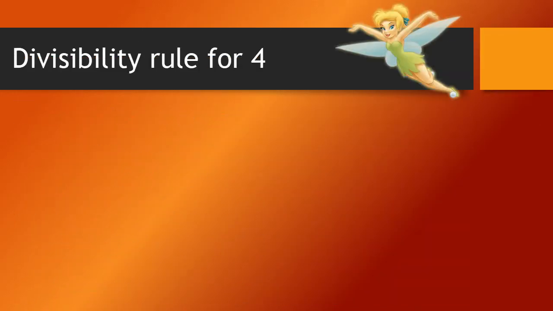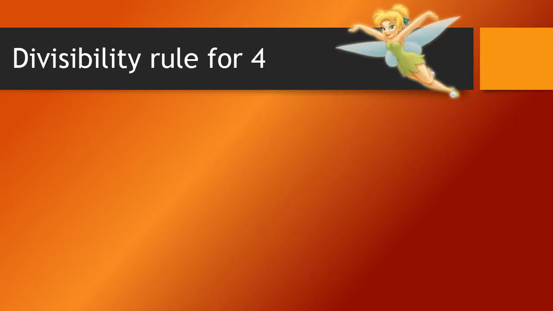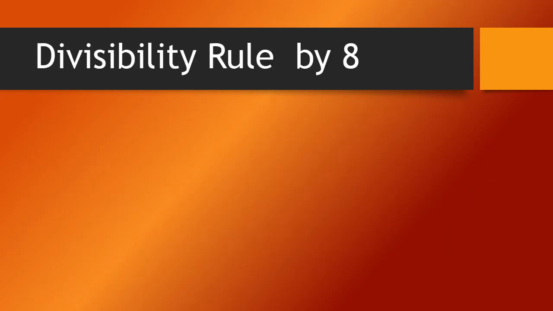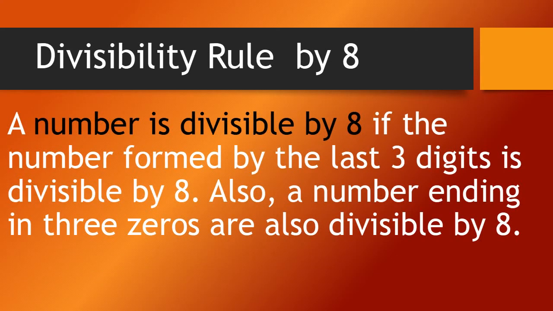So again, take note of the following. Divisibility rule for 4: a number is divisible by 4 if the last two digits form a number that is divisible by 4. Also, numbers ending in two zeros. Divisibility rule for 8: a number is divisible by 8 if the number formed by the last 3 digits is divisible by 8.